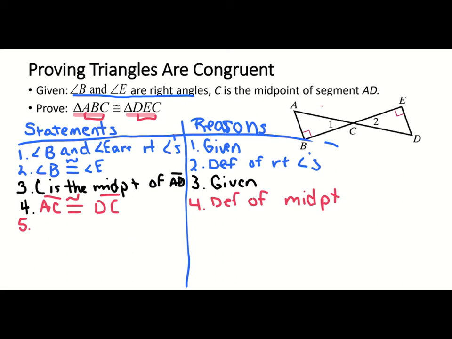I notice here that they have marked angles 1 and 2. They haven't told us anything about them. But if you look at that, what kind of angles are 1 and 2? Hopefully you said they are vertical angles, where we know that angle 1 is going to be congruent to angle 2, and that's going to be our vertical angles theorem.